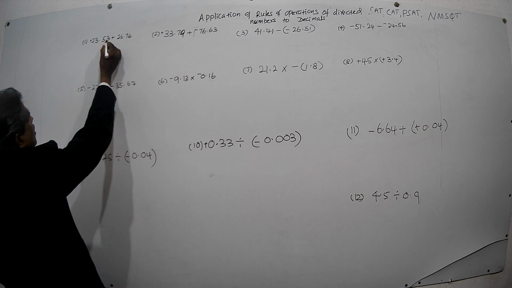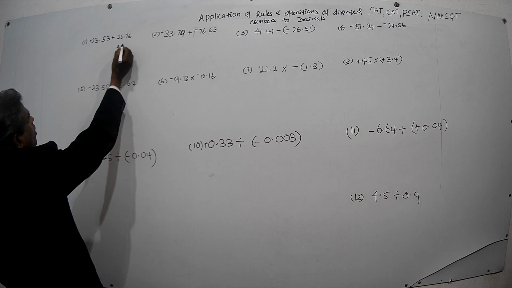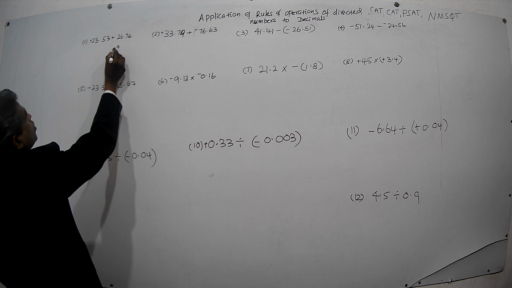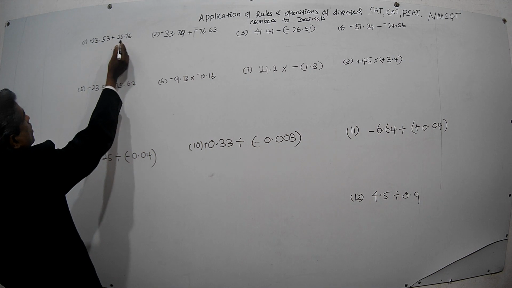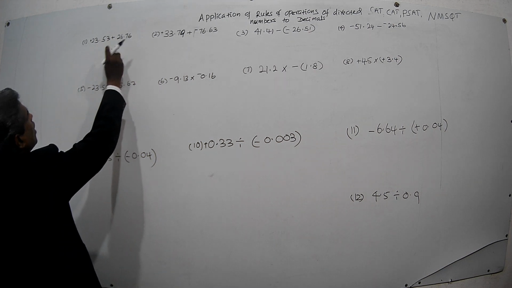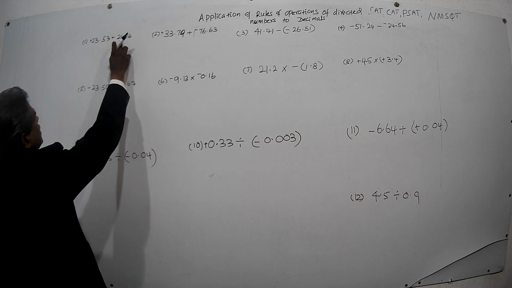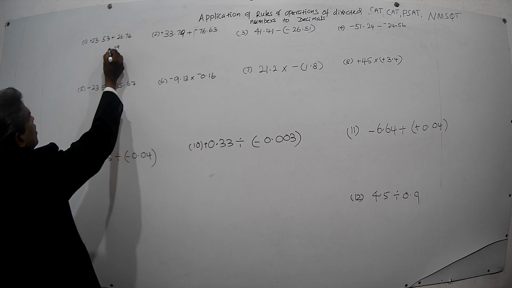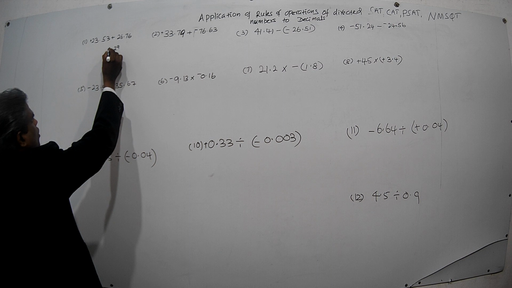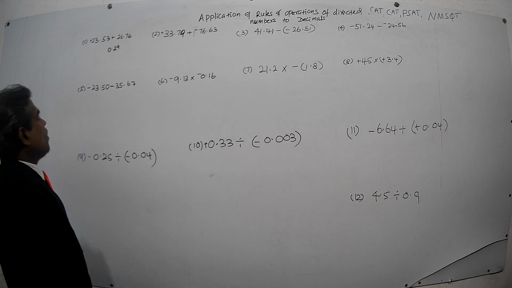Then 6, 3, 9, 7, 5, 12. 2 is put, 1 is left. You put the decimal point. Then 3 plus 6, 9, 9 plus 1, 10, 0 is put, 1 is left.